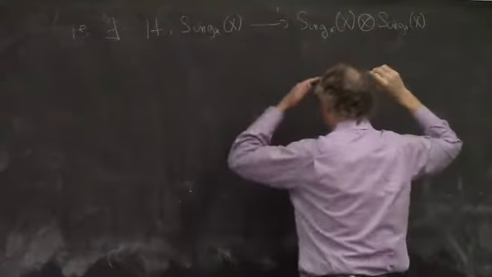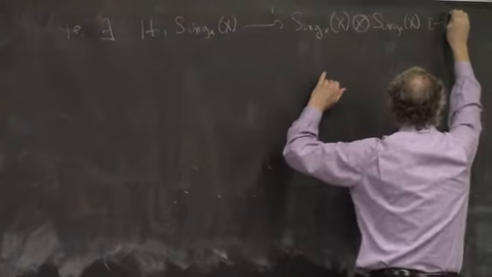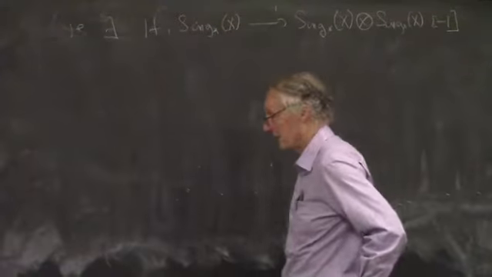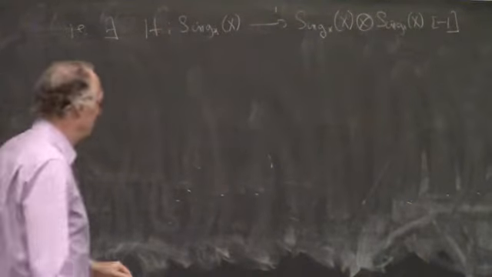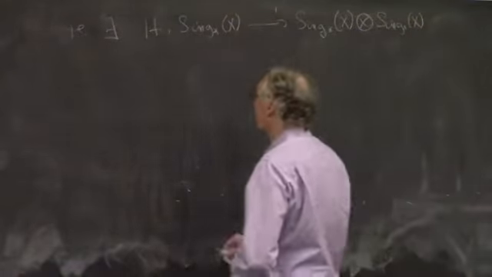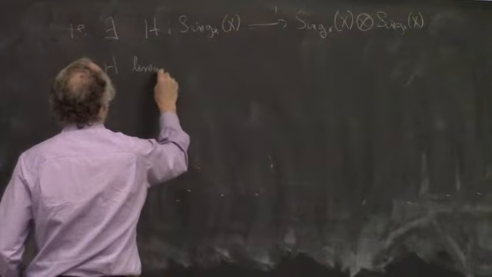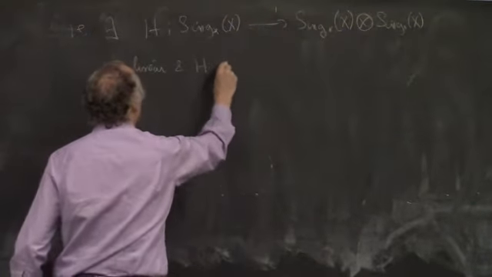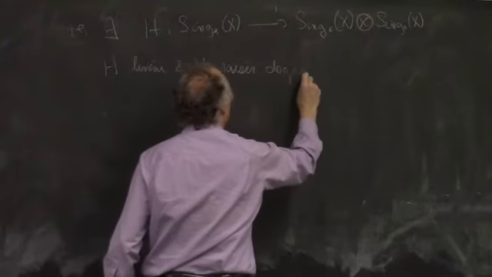And now, God only knows, I can't keep this straight. Raises degree by 1. So there exists an H which is linear, and H raises degree by 1.